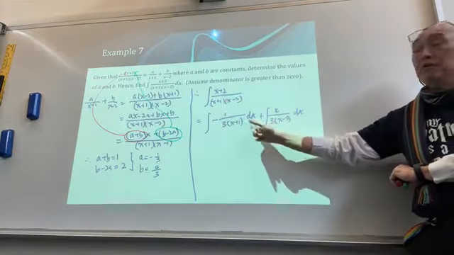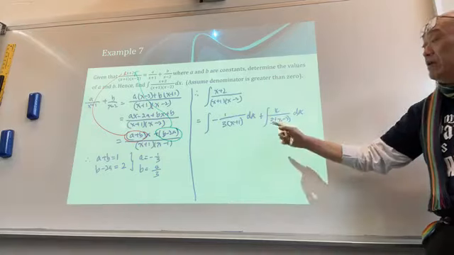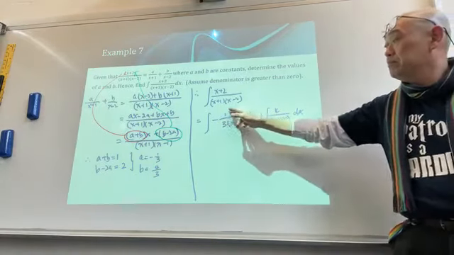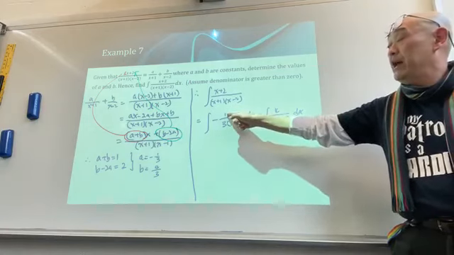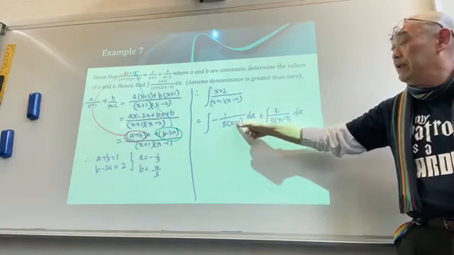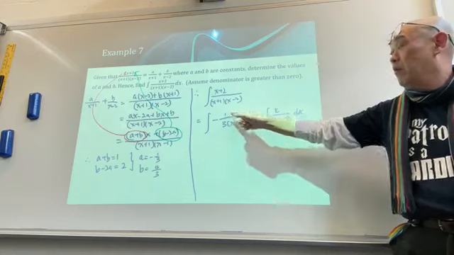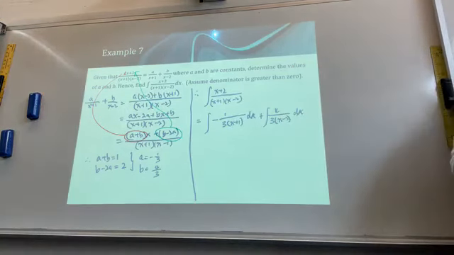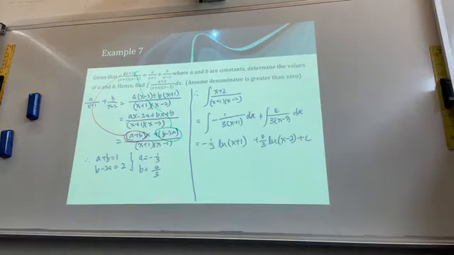You can see that it makes life a lot easier now, because if you take the first derivative of x plus 1, you get 1. First derivative of x minus 2, that's 1. So it's just minus 1/3 log of x plus 1 and 4/3 log of x minus 2 plus c.